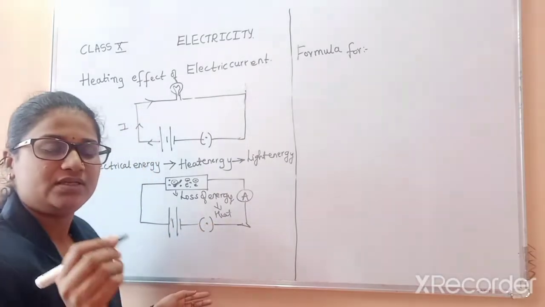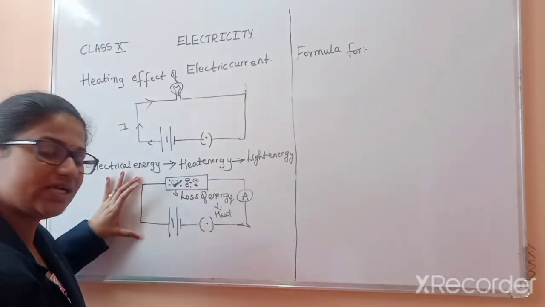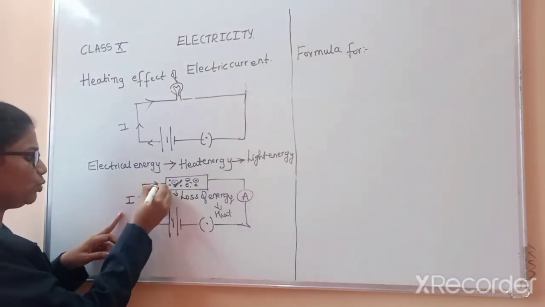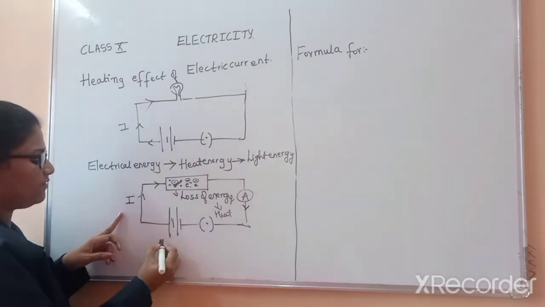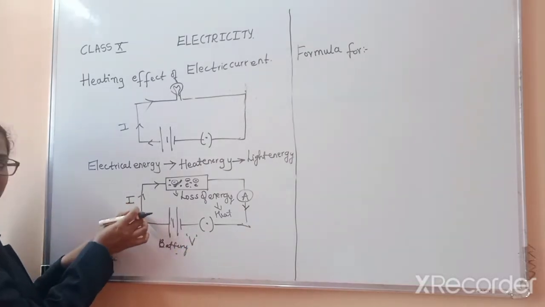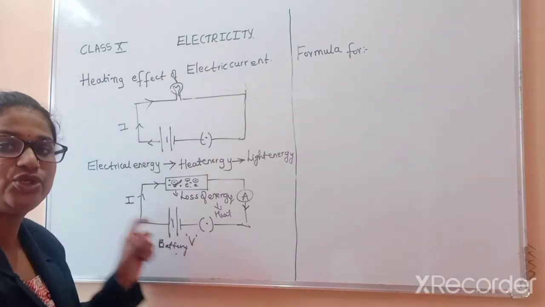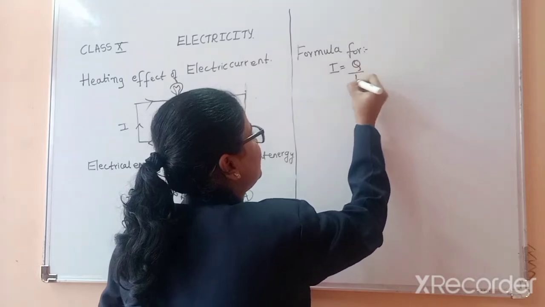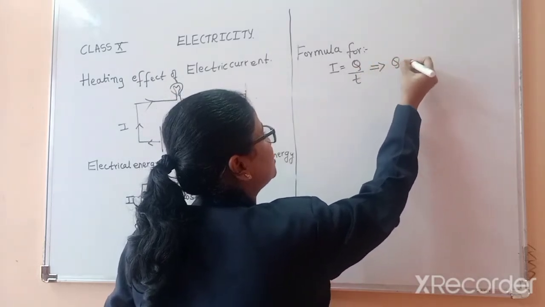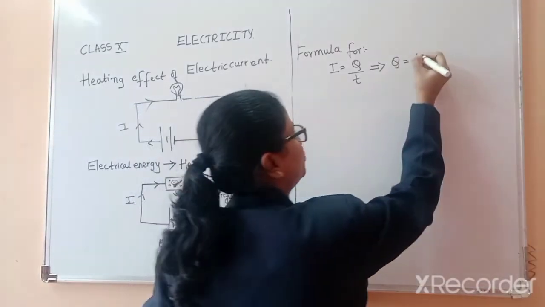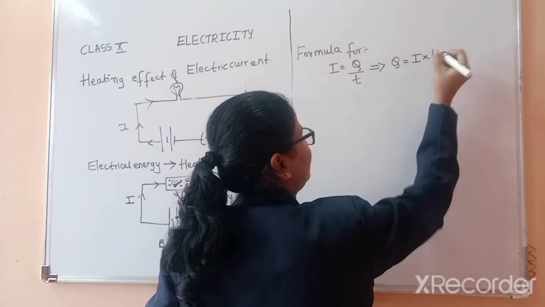We consider a circuit where current I is flowing, with a battery of voltage V. The current is carrying the charge Q. We know that I is equal to Q by T, which implies that the charge carried through the circuit is the product of current and time.